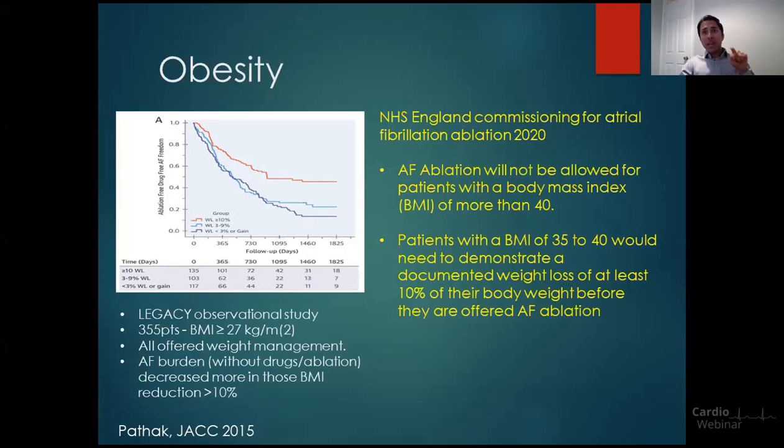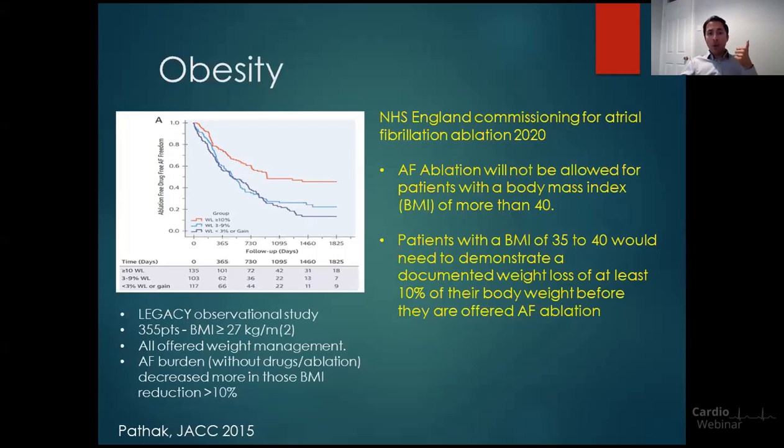Now, in the UK, this is particularly pertinent because only last year, NHS England released a series of commissioning restrictions for AF ablation. Usually, the EP doctor has been somewhat liberal in its use, but they have curtailed that. Whilst this hasn't become fully established just yet, it will very soon.